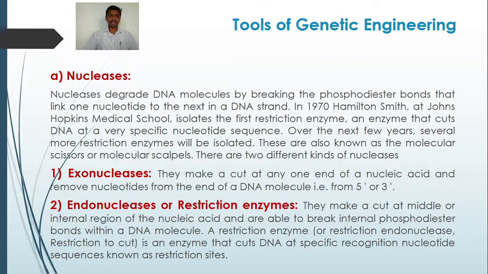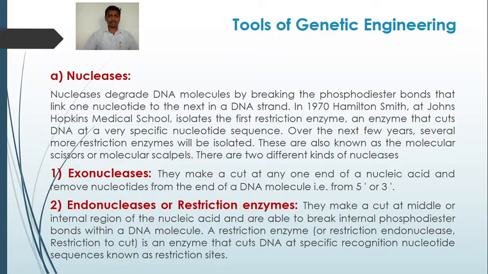The first one is the exonucleases and the second one is the endonucleases. Exonucleases make a cut at one end of a nucleic acid and remove nucleotides from the end of a DNA molecule, either from the 5' end or the 3' end.